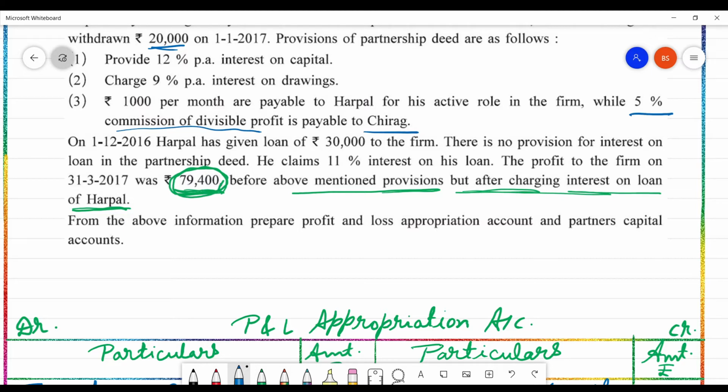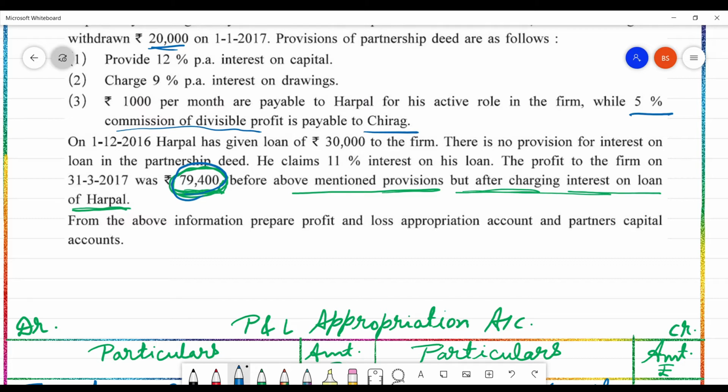He claims 11% interest on his loan, but he will not be paid 11% because there is no provision in the partnership deed. So he will be paid 6% per annum. But in this sum, the interest on loan is already taken in this amount, so we will not calculate it here.